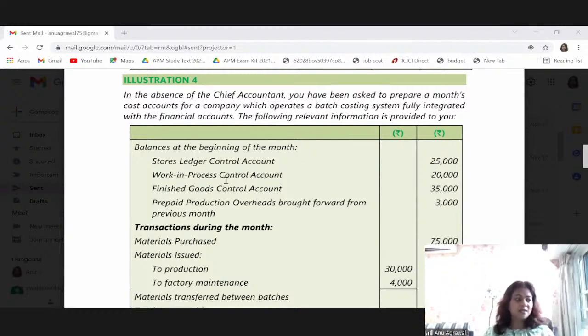So basically a CLC account is an opposite account, wherein instead of using cash or bank or debtor or creditor, we are using one account.